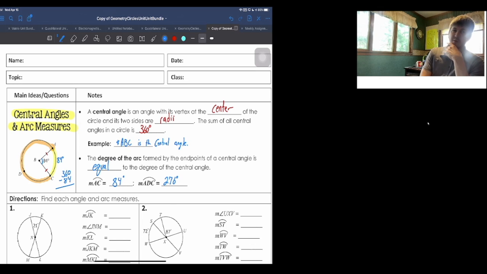It doesn't really get more complicated than this. You can see in the diagrams below, they're just going to give you some basic diagrams. We're going to utilize a lot of rules we already know: supplementary angles, linear pairs, vertical angles, stuff like that. And we're just going to match up angles and arcs, identifying them, and we'll be good to go. But overall, not too difficult.